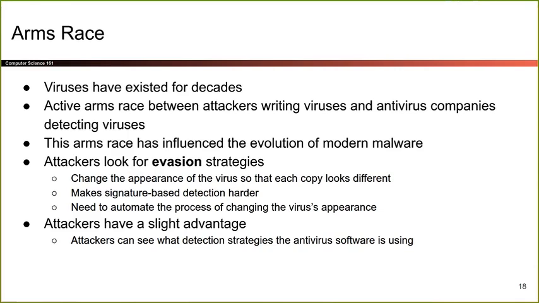And then the attacker goes around that. But on the other hand, the attacker is not going to tell the defending companies, here's my virus, try to write some signatures, right? So they're not going to do that. So usually because the detectors have to publish their code first, they are at a bit of a disadvantage. And again, the antivirus companies can't see what the attacker is planning. So that gives the attacker a little bit of an advantage.